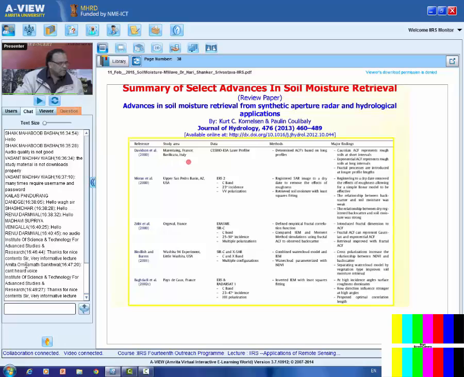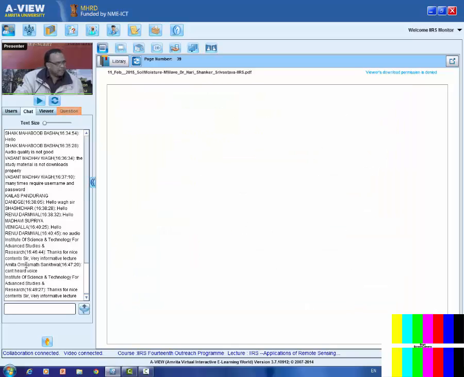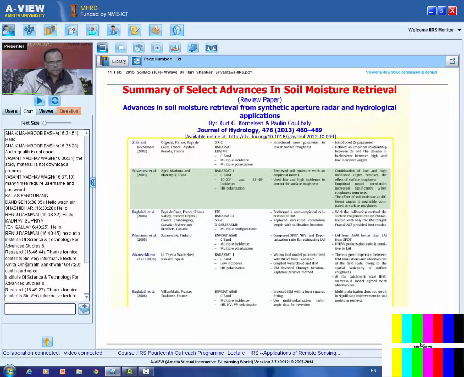Like Davidson from Italy has observed, his observations are mentioned here. And in this review article, I am very happy to say that the group who has written this paper have also recognized our Indian efforts.